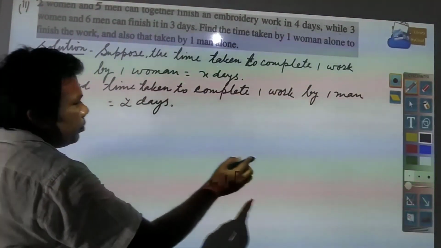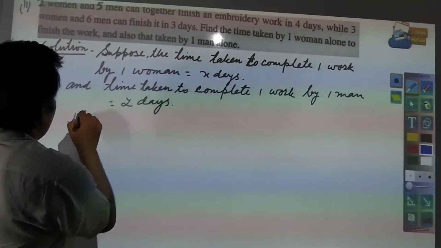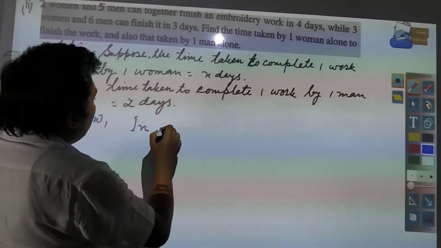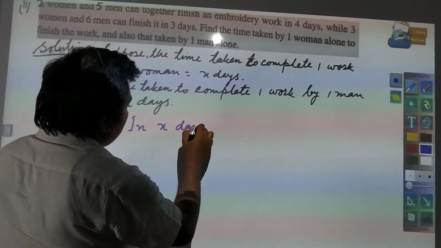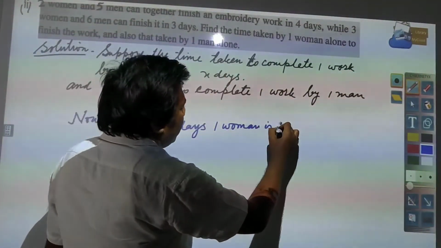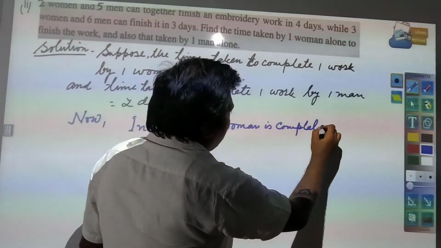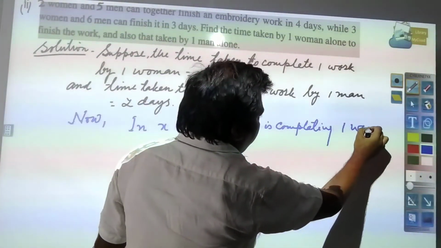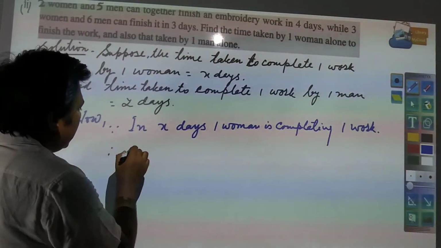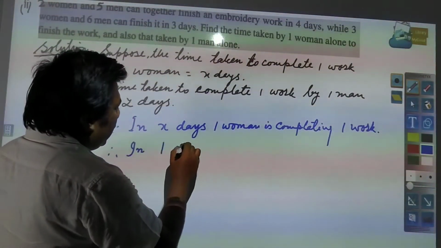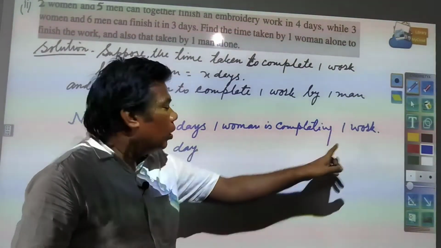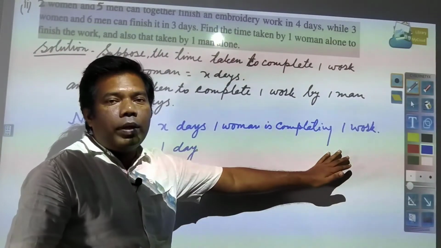Now we will see, in x days one woman is completing whole work, one work. Therefore, in one day, if suppose in x days she is completing one work, so in one day, how much she will be able to complete?